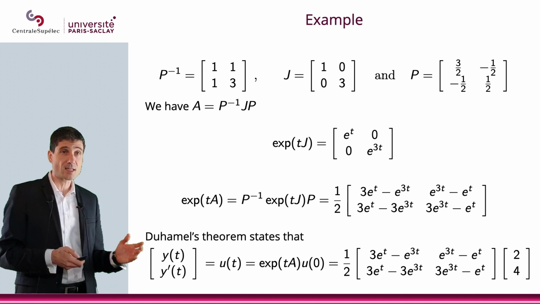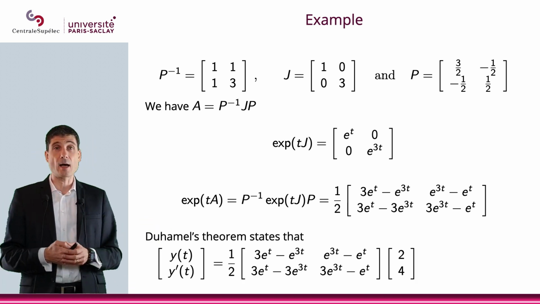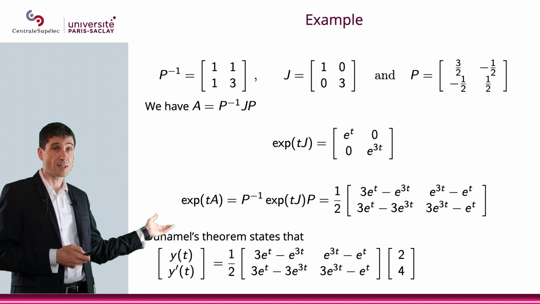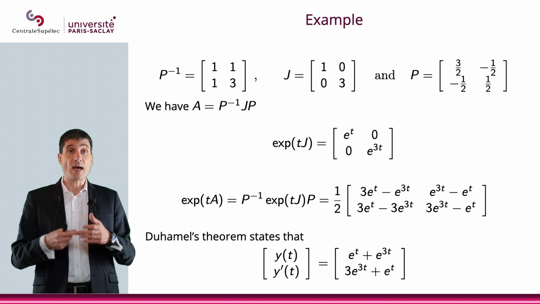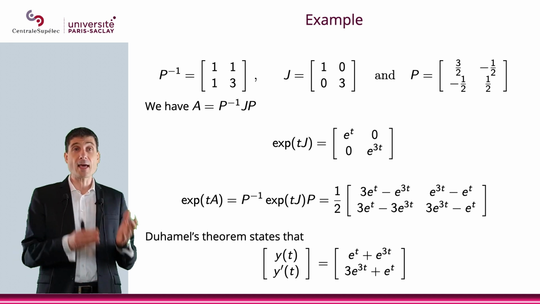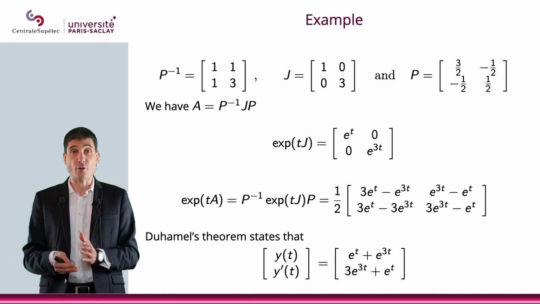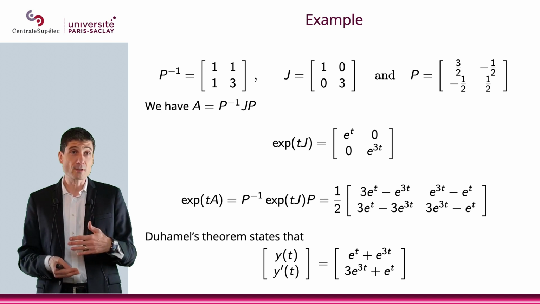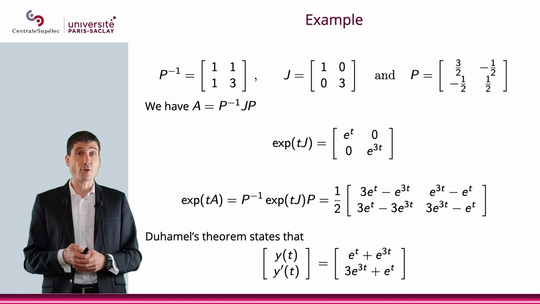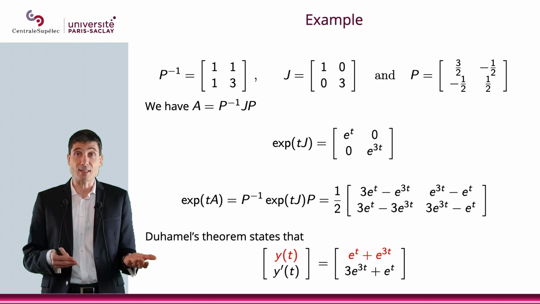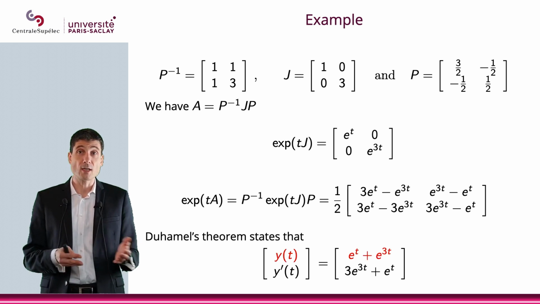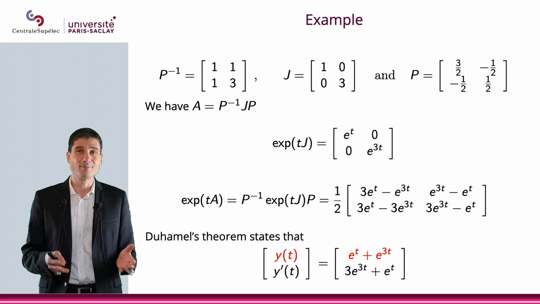So now let me just carry out the computation with this matrix and (2, 4). I just multiply. There is no problem. And what I obtain is e^t + e^(3t) for the first component, and 3e^(3t) + e^t for the second component. And of course, what I have at this point is the solution I was looking for.